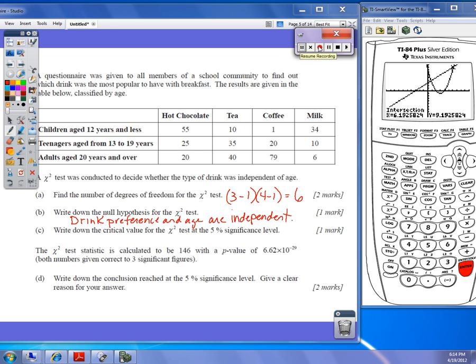That value is 12.592, or you can write down 12.6. You're getting that right out of the table.